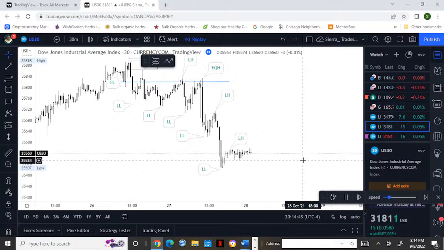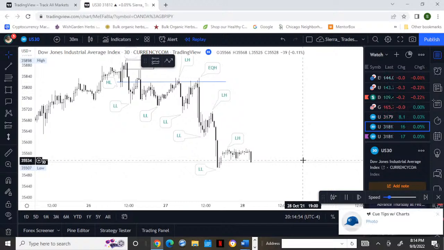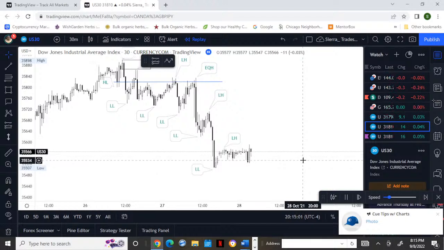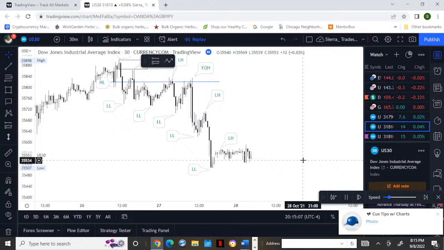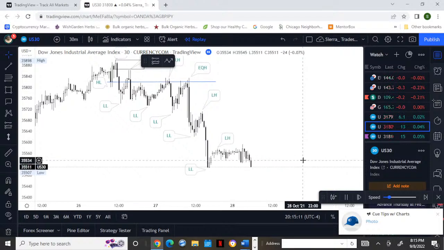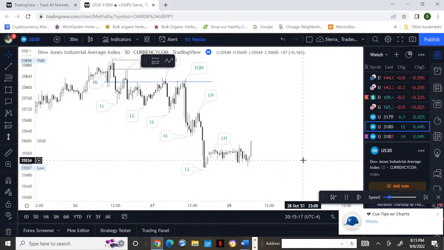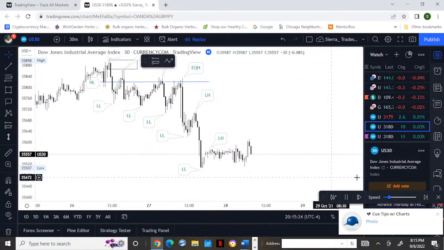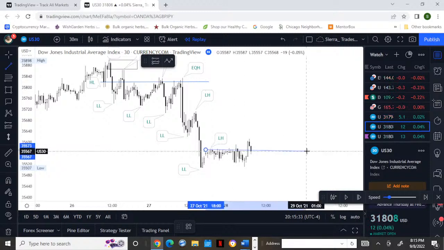And now looks like a little consolidation. All right, looks like we broke structure here. Pause. Our last lower high.